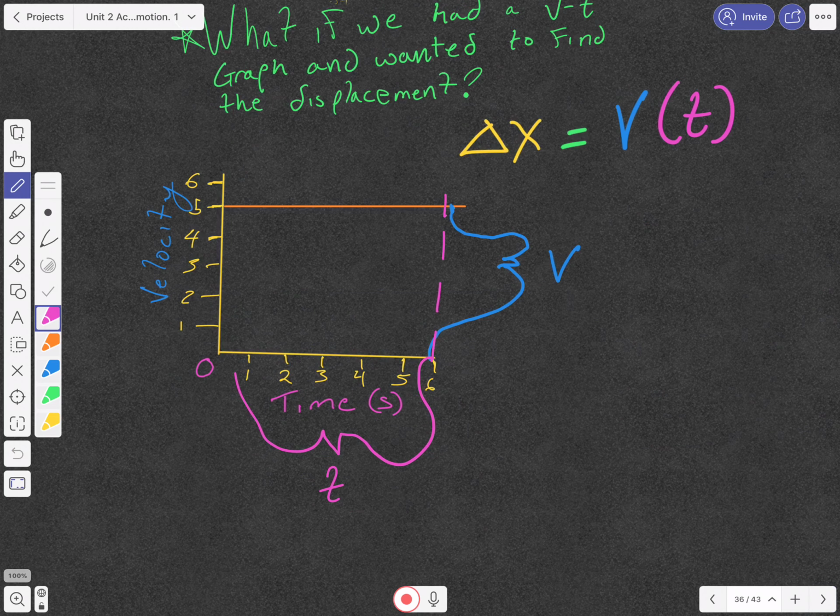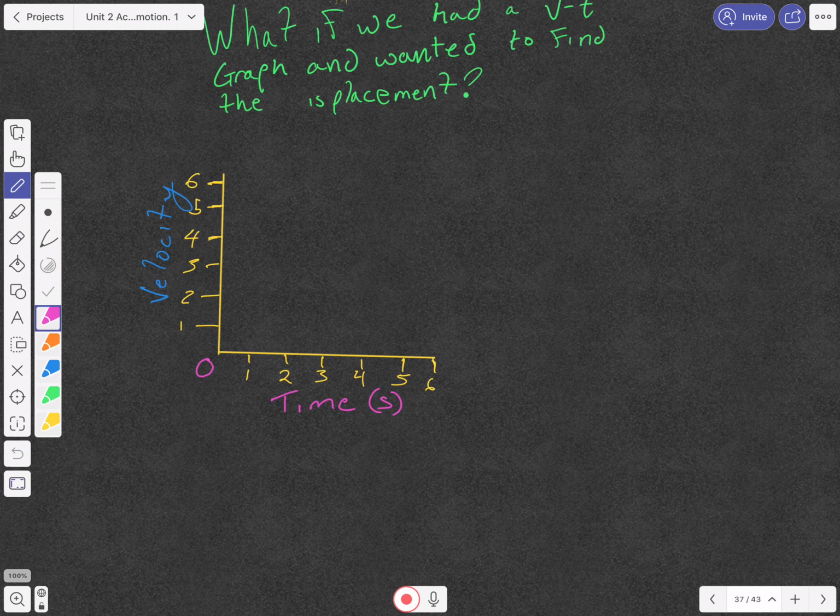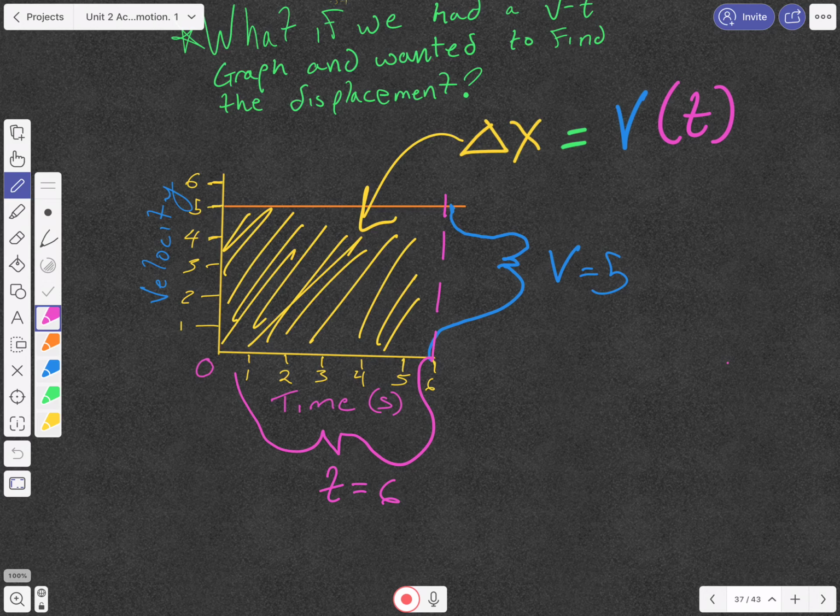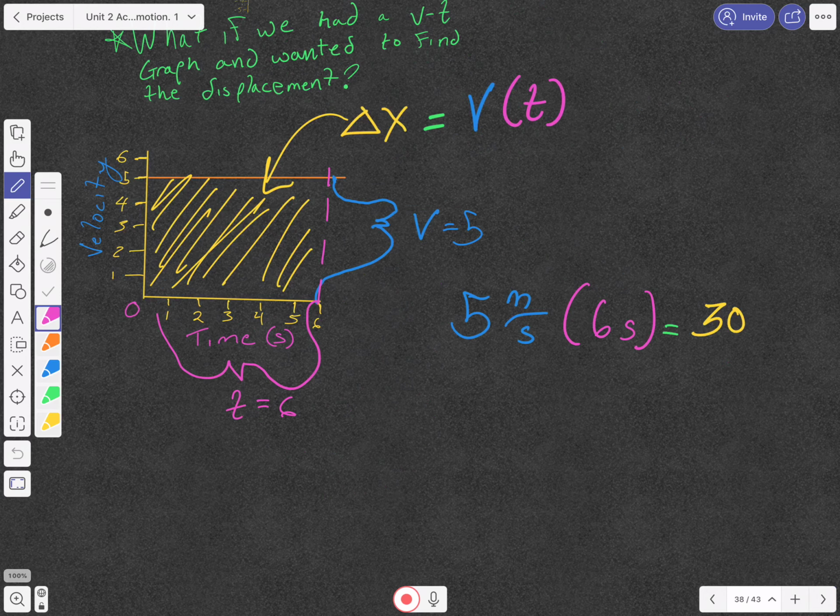So once again, this is going to be our change in velocity, or our velocity. Here it's a constant velocity, and this is our change in time. So I had these notes written out ahead of time, I forgot. So you get to see them twice. And this should have units.